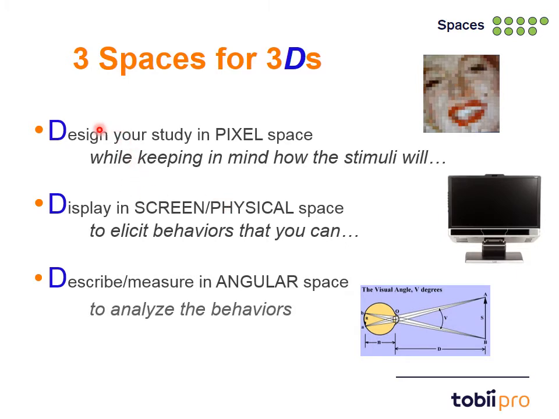So the three Ds again are design, display, and describe, and the related spaces are pixel space, which is the virtual space, screen and physical space, which is the rendering space, and angular space, which is the description of eye movement that's independent of distance.